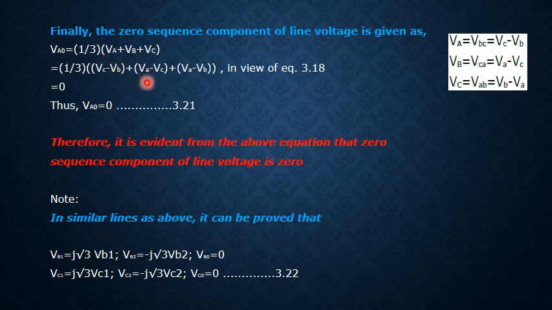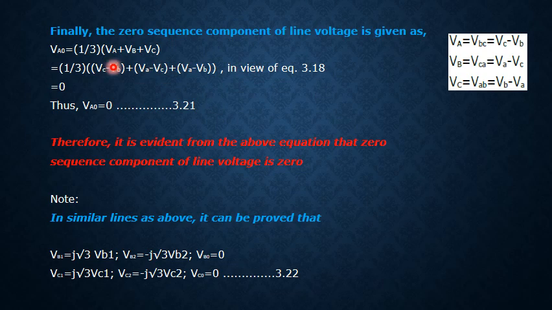If you simplify it further, the positive VC and negative VC will get cancelled, negative VB and positive VB will get cancelled, then respectively VA will get cancelled. Here there is a slight change in the equation, it should be VB minus VA. So take that correction over here.